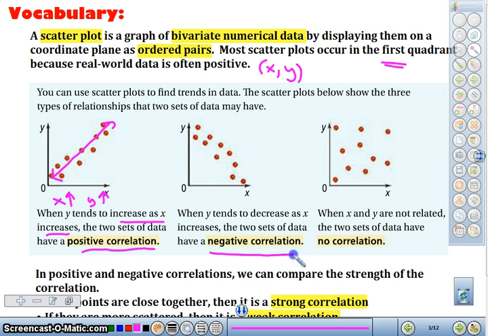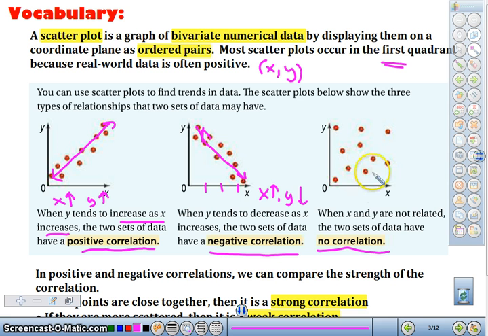In a negative correlation, it's kind of like our negative slope, if we could draw a line. And this is when x increases, the y value decreases. So as x is going up from 1 to 2 to 3, the y value is going down. The last one, there's no correlation between the two.